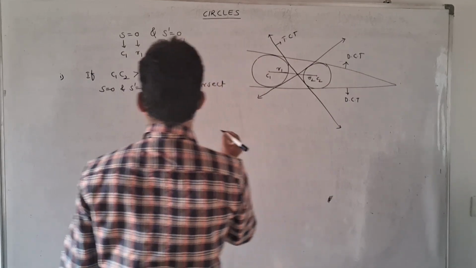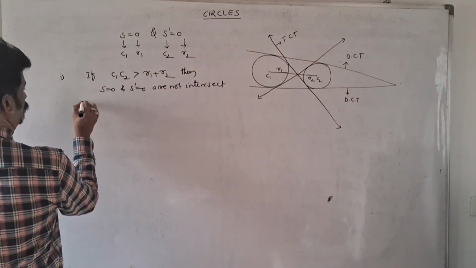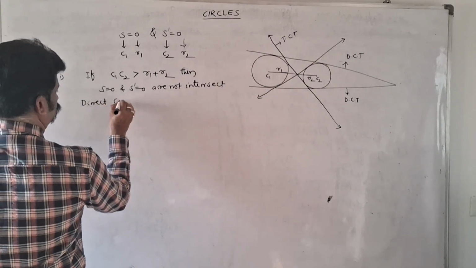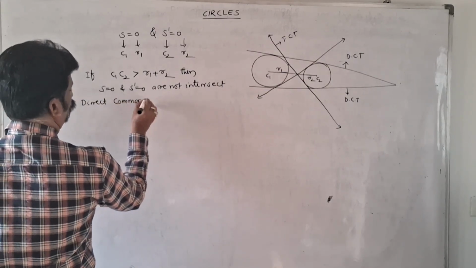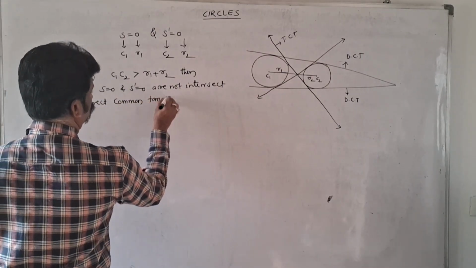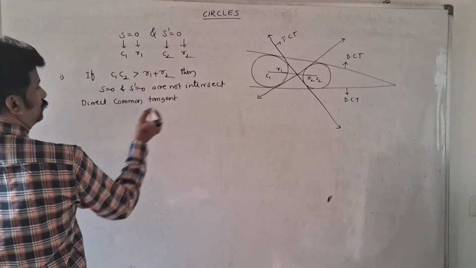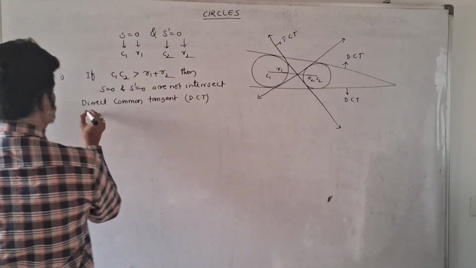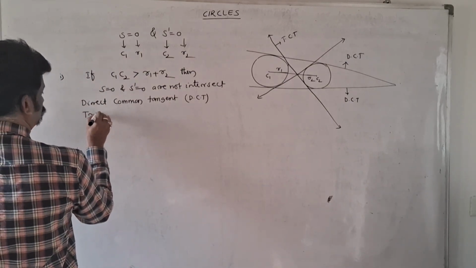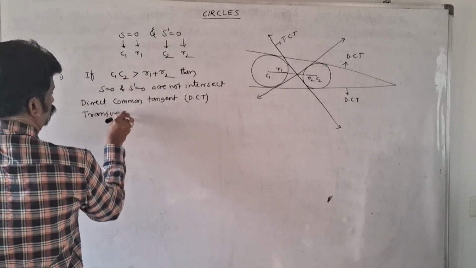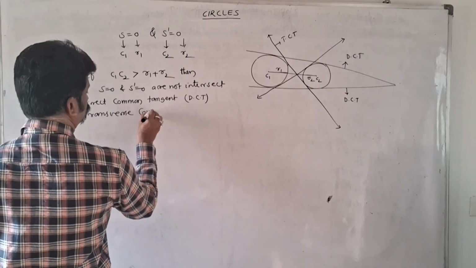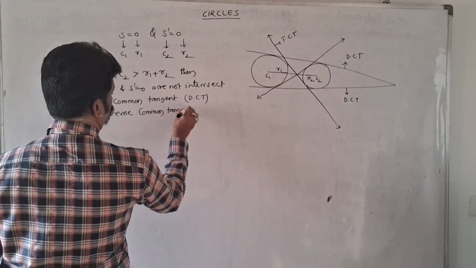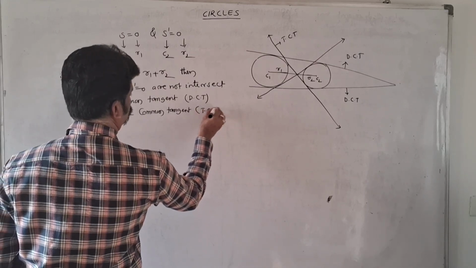A direct common tangent is simply denoted DCT, and a transverse common tangent is denoted TCT.